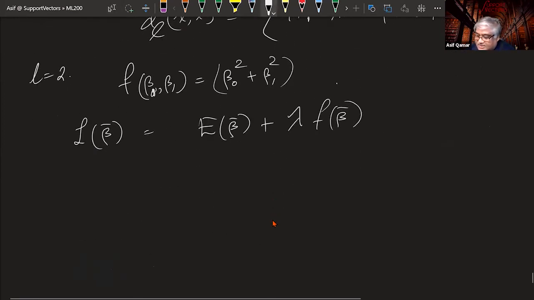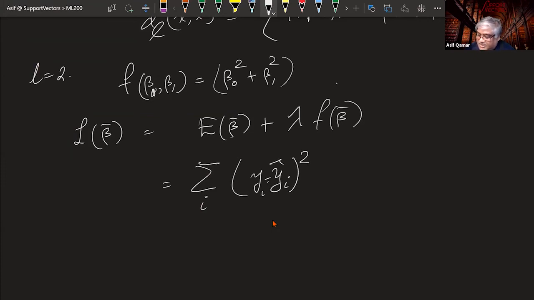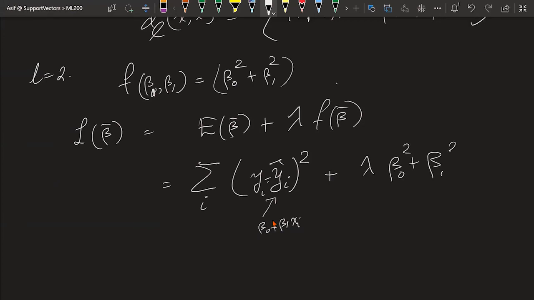The error of beta was actually equal to, going back to the old story of where we started from, the sum of yi minus yi hat square, where yi hat is beta naught plus beta 1 xi, plus lambda times f of beta, which is beta naught square plus beta 1 square.